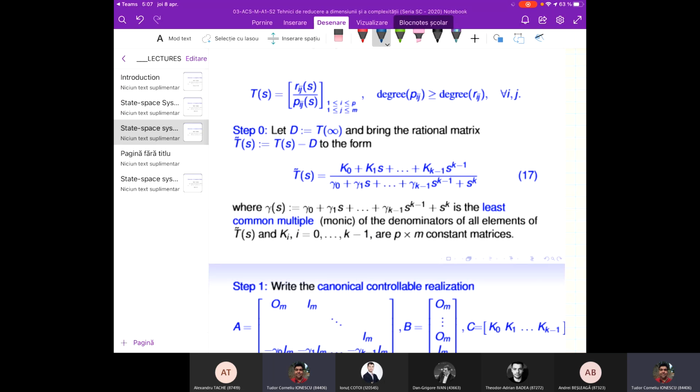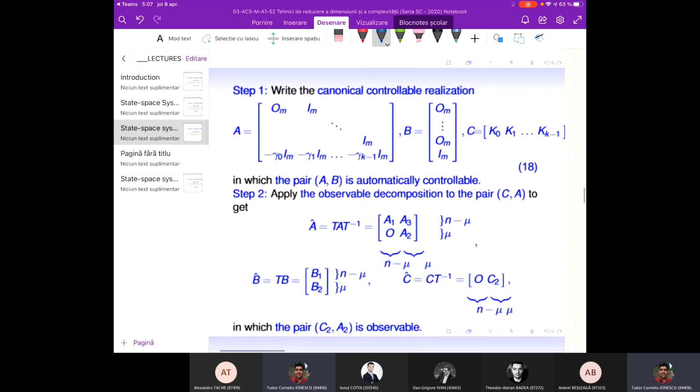And the coefficients Ki go up to K minus 1, and they are P times M constant matrix coefficients. So you do this.